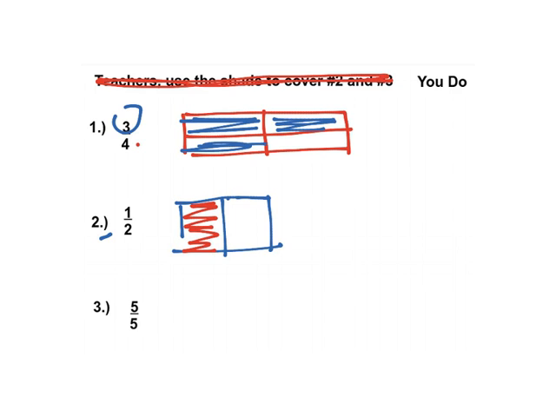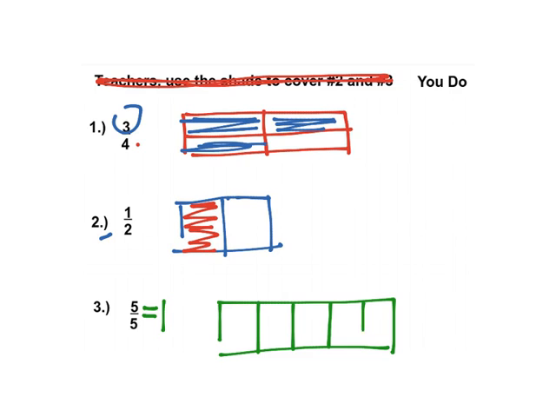Okay, for our final one, number 3, they're the same thing. Now I know you all know right away that this equals 1, but you still have to show me how many pieces. So don't just draw one great big thing and shade it in. So I'm going to draw, let's see, there's 1, 2, 3, 4, and 5. That's how many pieces I have.